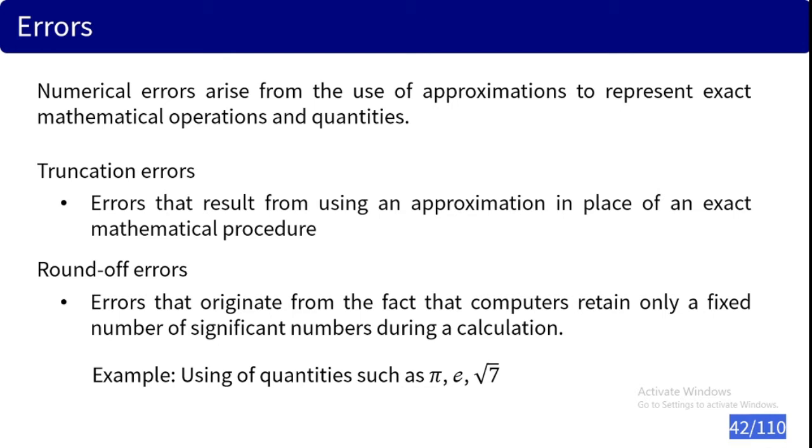Whereas the second error, round-off error, originates because only a fixed number of significant figures is used in the calculation. Okay. In the previous slide, I mentioned quantities such as pi, or for example the square root of 7. In calculation, these are infinite, but what the computer stores is limited.